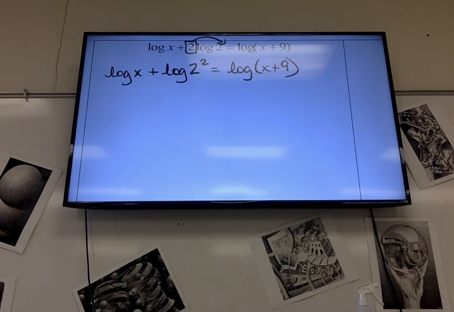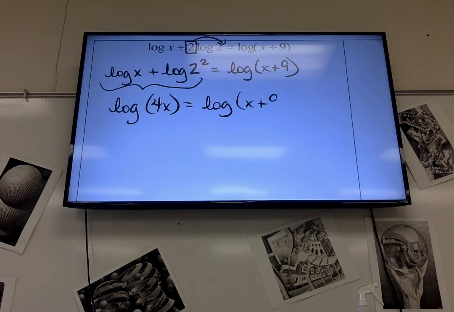Now, when I have 2 separate logs that are added, what can I do with those? Those I can multiply. So I have log 4x. Here's somewhere where I need to be careful with how we say things.